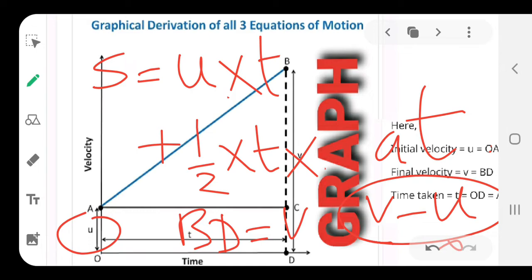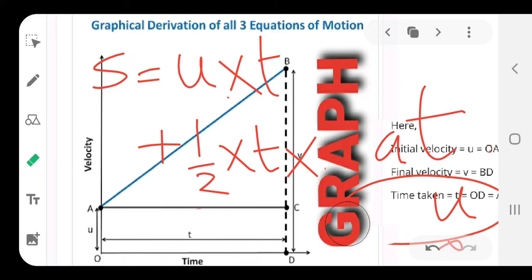So, instead of V minus U, I can put the value AT, yes or no? Hence BC can be called AT, half base into altitude.